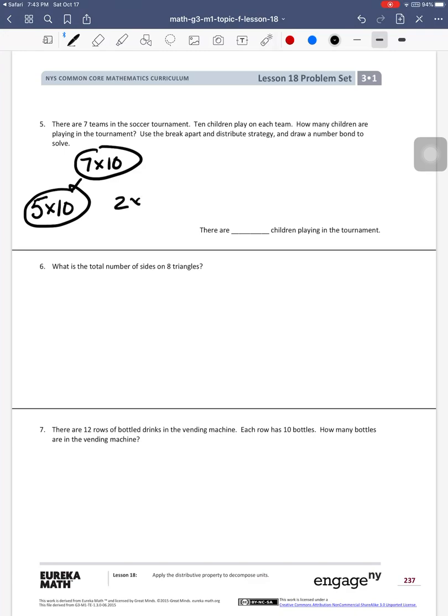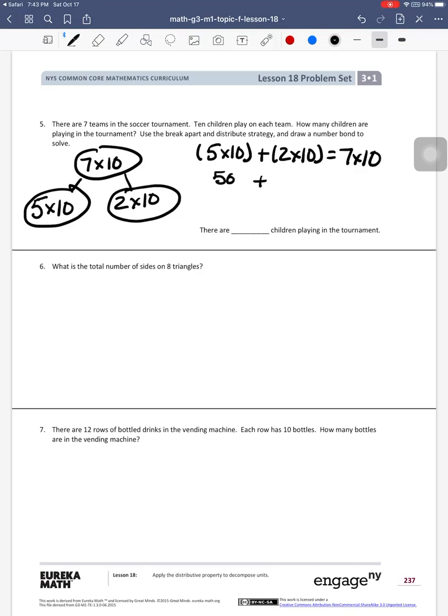Right, 2. So the other group would be 2 times 10. All right, so we know 5 times 10 plus 2 times 10 equals 7 times 10. And 5 times 10 equals 50, plus 2 times 10 equals 20. And that equals 70. Or 7 times 10 equals 70. There are 70 children playing in the tournament.